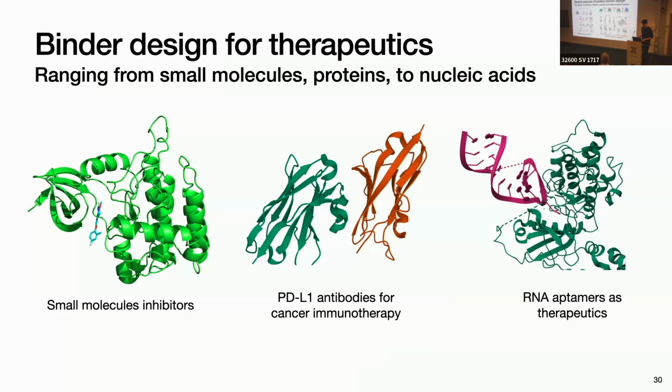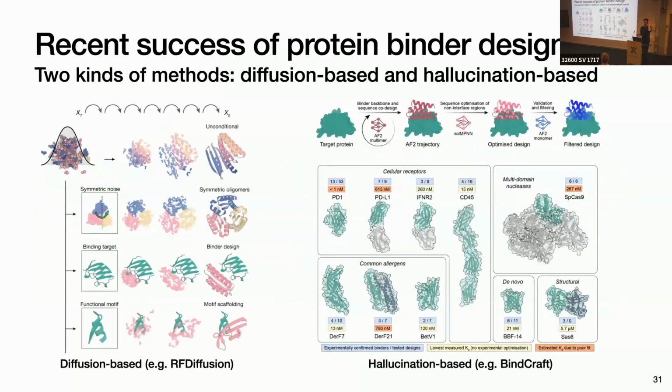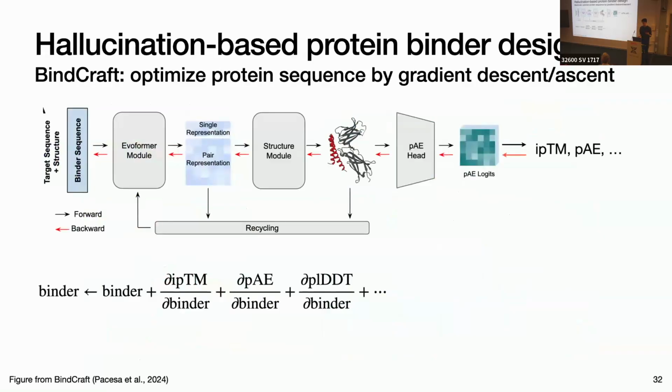As I mentioned earlier in the introduction of my talk, I categorize the methods into two, though of course you can name other types as well. There's purely diffusion-based, where you just generate the backbone structures. There's also hallucination-based, which does some sort of gradient-based optimization to design protein binders. So we'll go through hallucination-based protein binder design, using a framework developed at EPFL called BindCraft, which achieved a lot of success on a variety of targets.